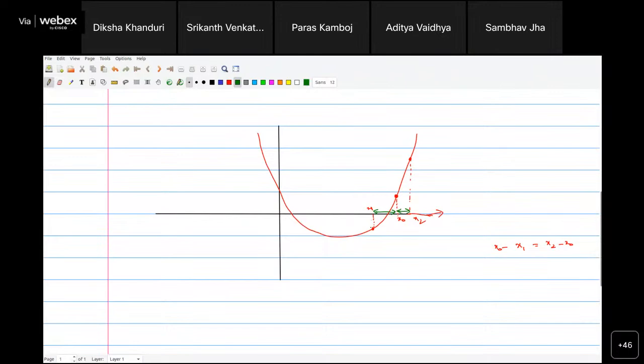After that, I will join these 2 points. Once I join these 2 points, the professor's claim, or the actual proof, is that the line we have taken will be parallel to the line which is tangent to this point.